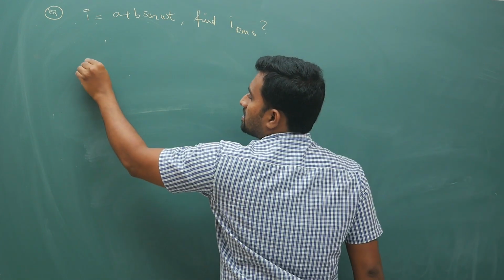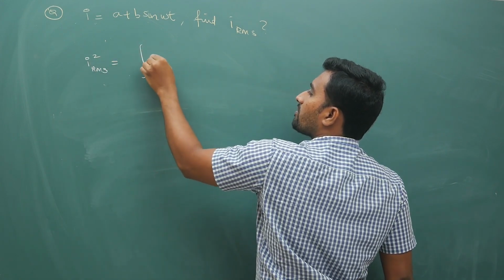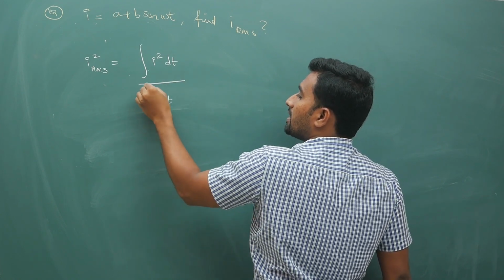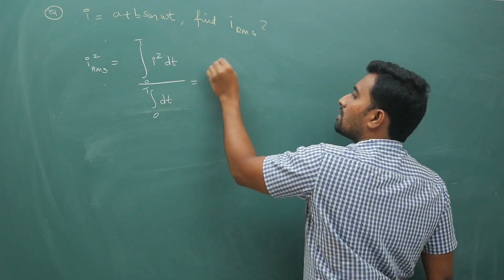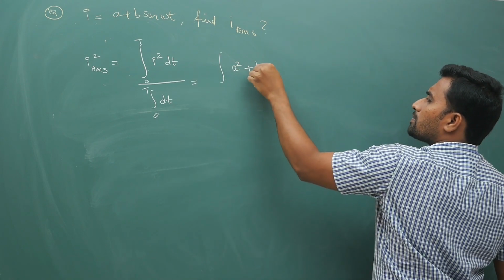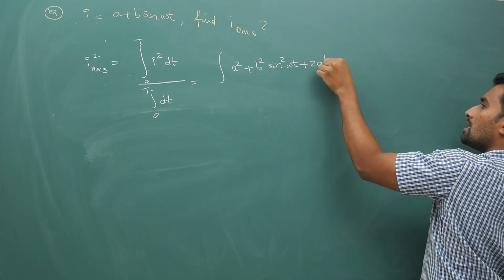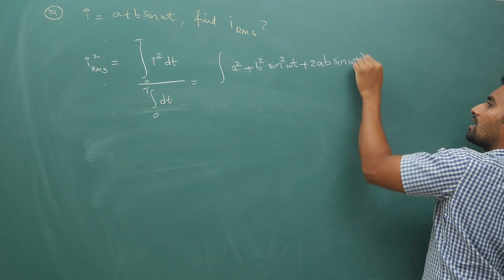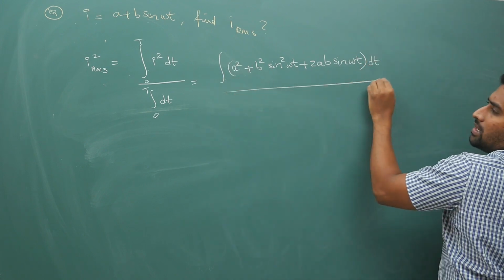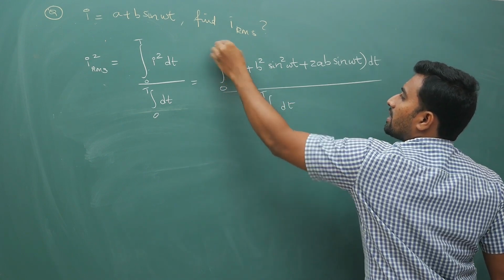So your I RMS square is the integral of I square dt by the integral of dt, for the full cycle, 0 to T. That is equal to A plus B sin omega t whole square, A square plus B square sin square omega t plus 2AB sin omega t, dt by the integral of dt from 0 to T.